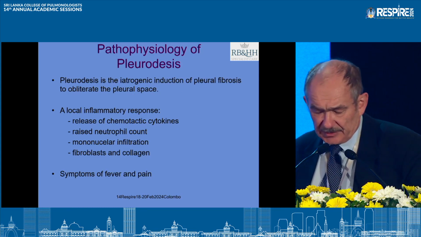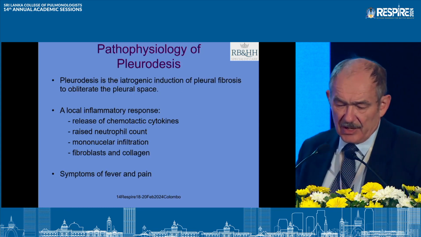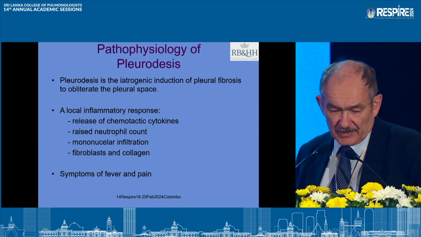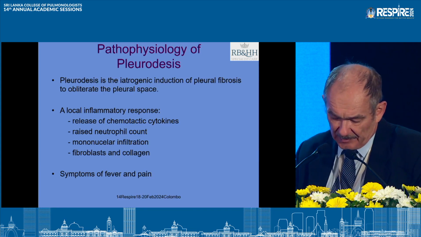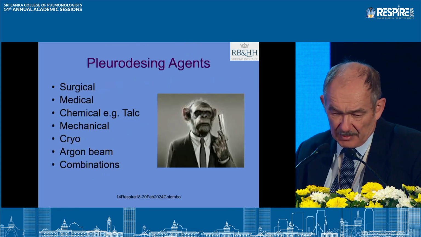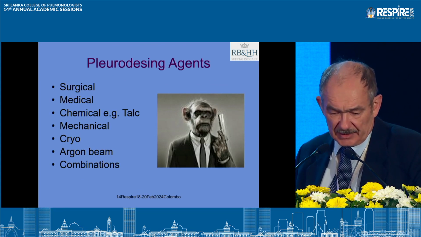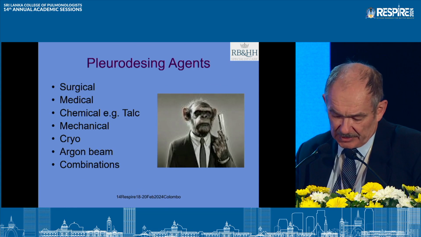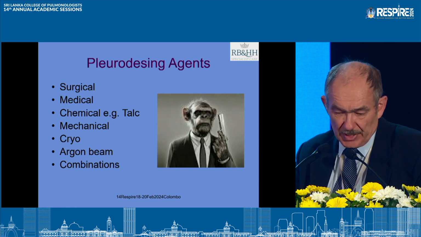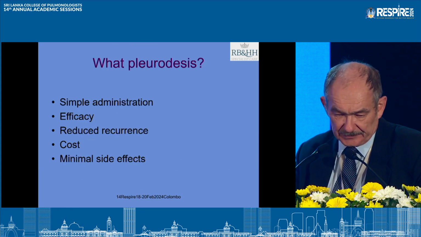The pathophysiology of pleurodesis is simple. It's effectively the creation of controlled inflammation inside the chest, with all the paraphernalia of inflammation we can see after the procedure. Pleurodesis agents are quite various, surgical, medical, really anything which exists in pharmacy can be used to create adhesions.